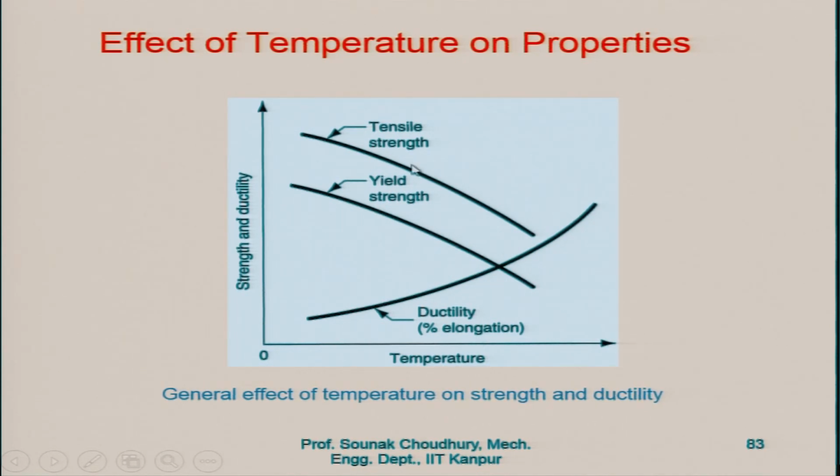Therefore, this is not a straight line really, and neither is the ductility curve, but this is a major aspect that should be understood, that tensile strength and yield strength decrease as the temperature increases, but the ductility increases. Okay. This is the gist of this curve.